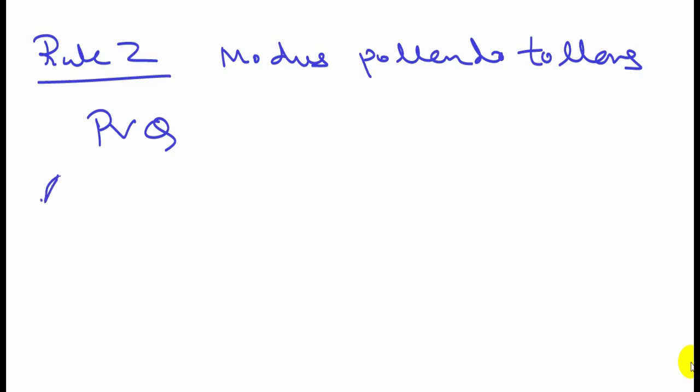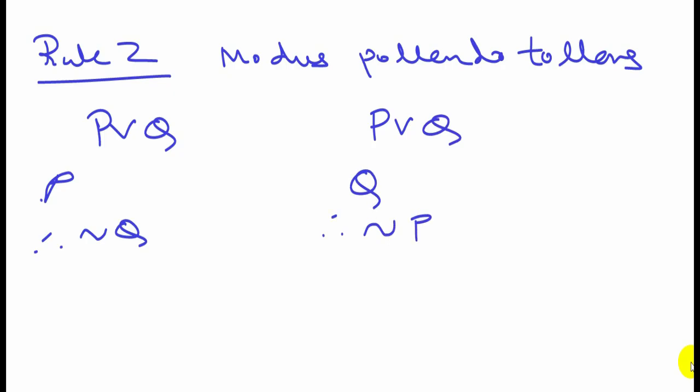It says P, therefore not Q. And in the alternative, we have P or Q, and we say Q, therefore it cannot be P. So, again, through a few examples. It says he is either honest or dishonest.